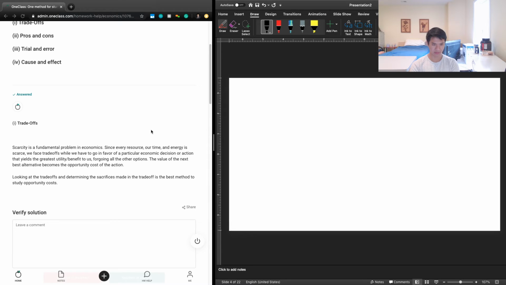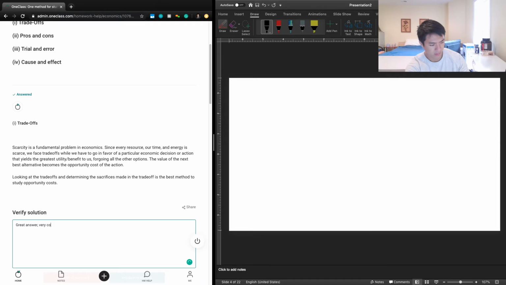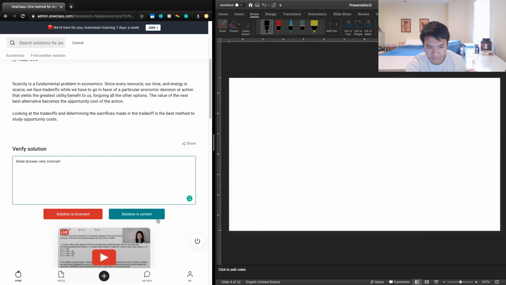And that becomes the opportunity cost of the action. Looking at the trade-offs and determining the sacrifices made in the trade-off is the best method to study opportunity costs. And so that is a correct answer, and there's no real issues with that, so that's very clear. Great answer. Very concise. And we can move on to the next question.